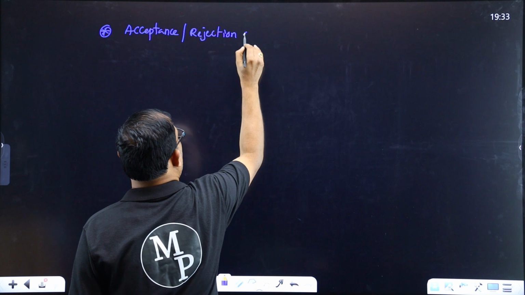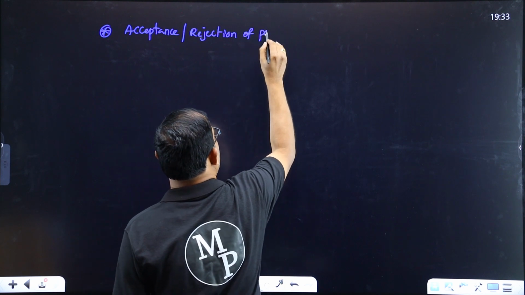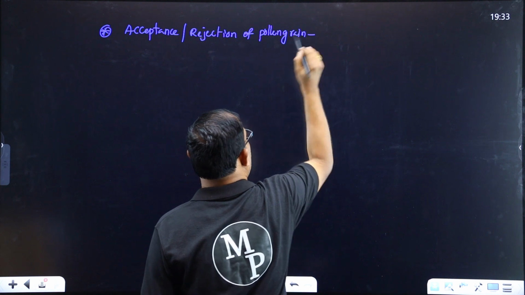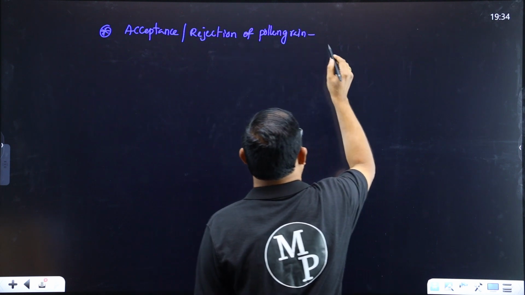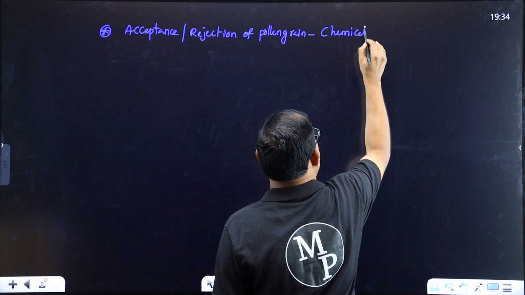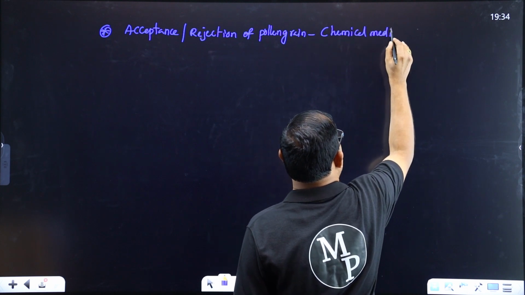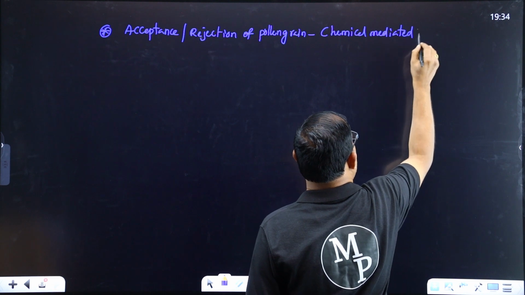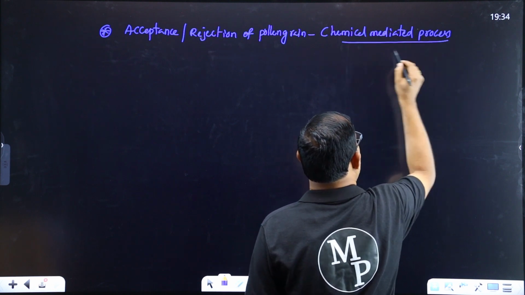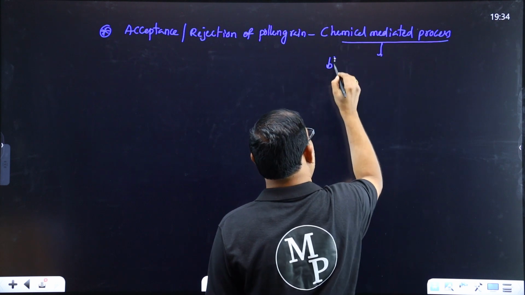Acceptance and rejection of pollen grain. This type of event is a chemical mediated process. Such a chemical mediated process is between what?